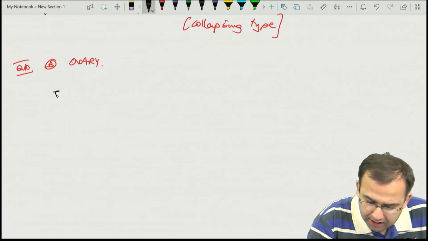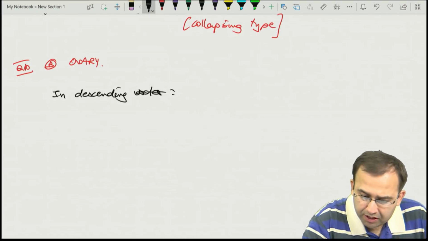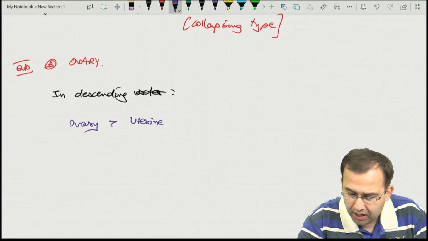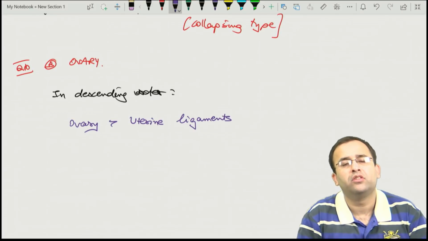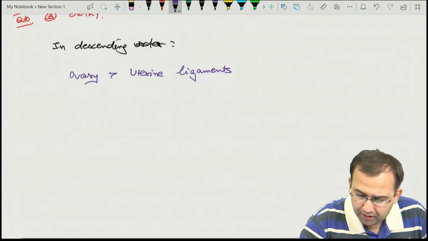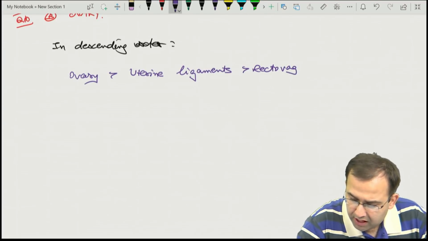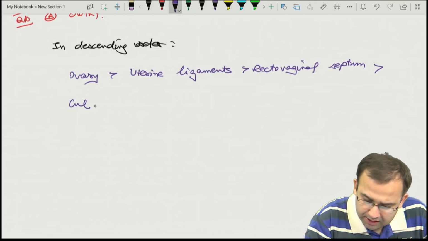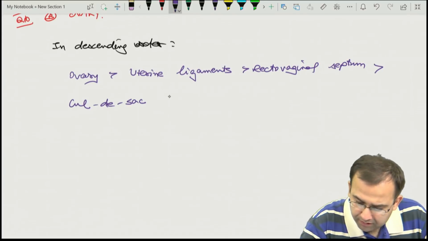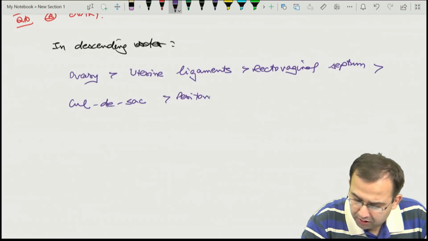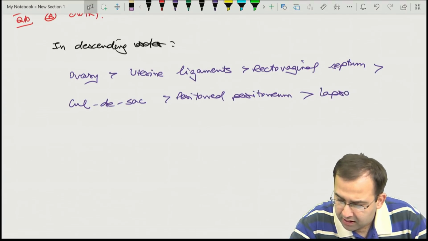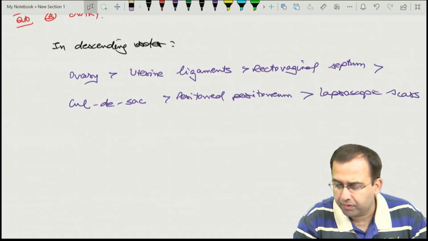Next point. Though I am sure this would have been covered in obs-gynae, in descending order the sites of endometriosis are ovary, uterine ligaments, followed by rectovaginal septum, cul-de-sac, peritoneum, followed lastly by laparoscopic scars.